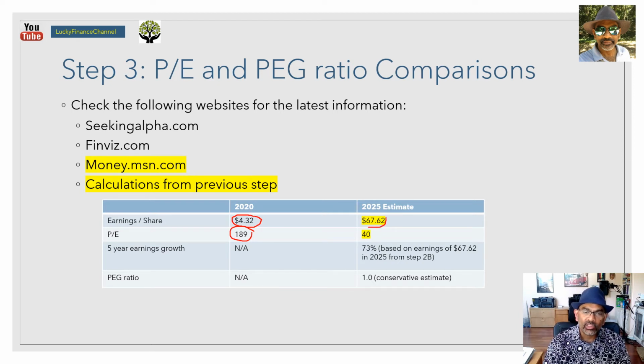If you take the 2025 estimate that we just calculated of just over $67, and if you put in a reasonable PE ratio of 40, I think that's very reasonable for a company that is going to have a 5-year earnings growth of 73% based on that $67. And if you again have a conservative PEG ratio, or price to earnings growth, of 1.0, that's a good number to use.